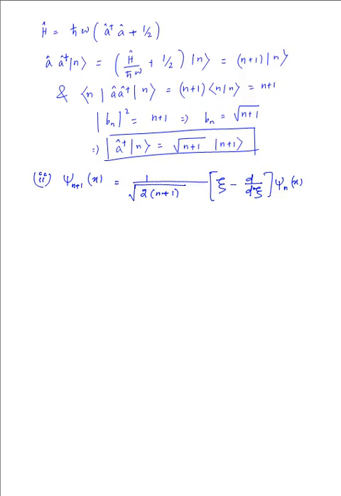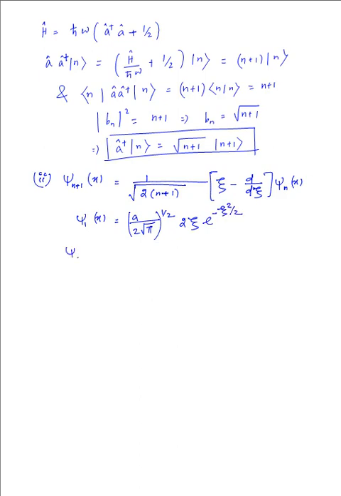Now for that, first of all, we can use the value of psi 1, that is psi 1 of x is simply equal to a over 2 root pi, whole raised to the power half, times 2 xi times the exponential of negative xi squared over 2.